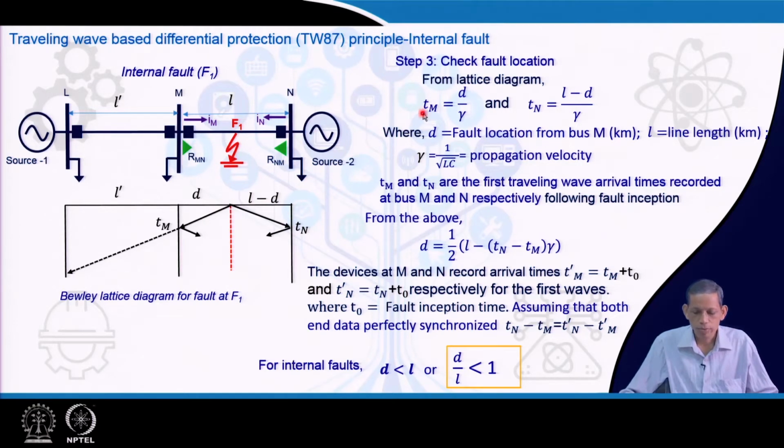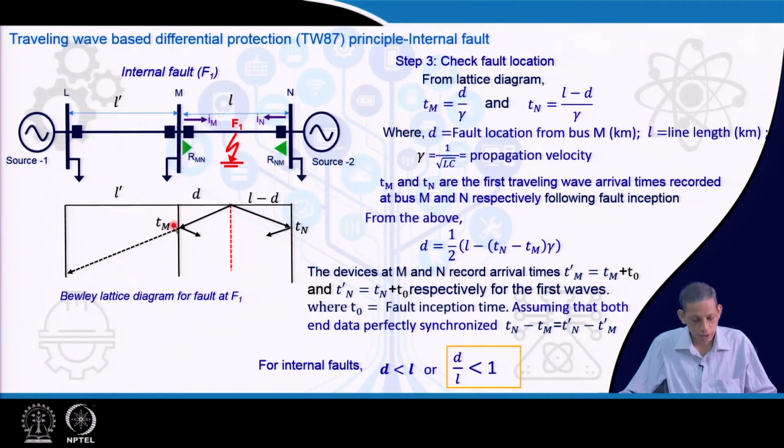So, this T m equals distance d upon gamma, the velocity of propagation, and this T n is L minus d upon gamma, the propagation time. So, d is the fault location from bus m, L is the line length of the m n section in kilometer, and gamma is 1 upon root over L C, the propagation velocity.